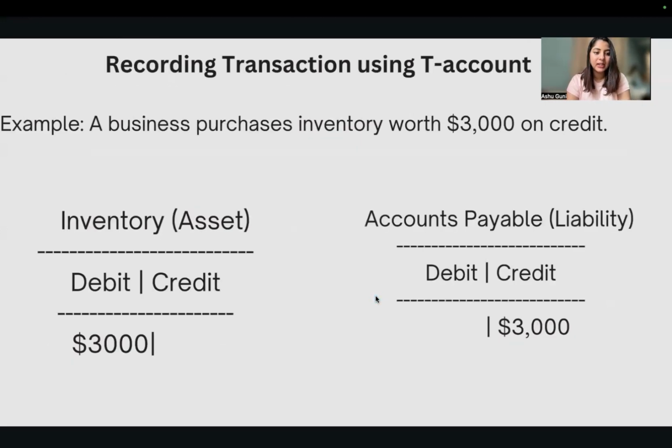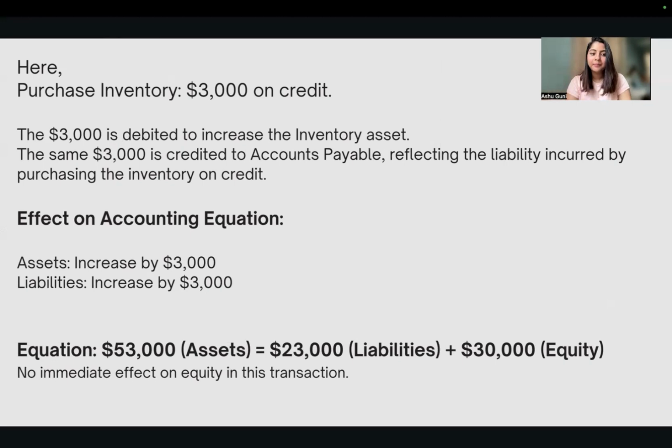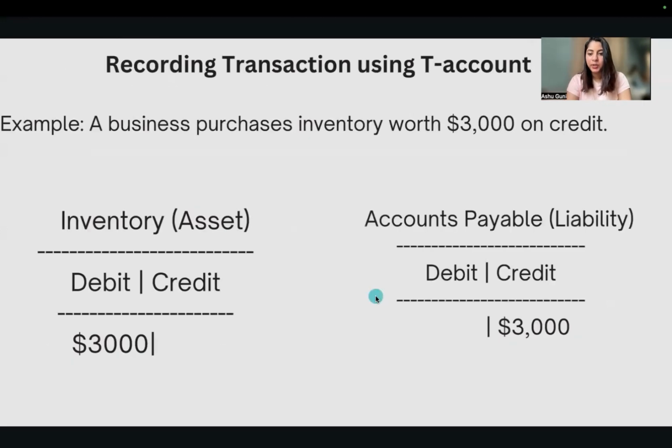As we can see here on the debit side, in the inventory asset, we have kept the $3,000. Similarly, the same $3,000 is credited to accounts payable, reflecting the liability incurred by purchasing the inventory on credit. As we can see here, we have credited the $3,000 on the accounts payable side.